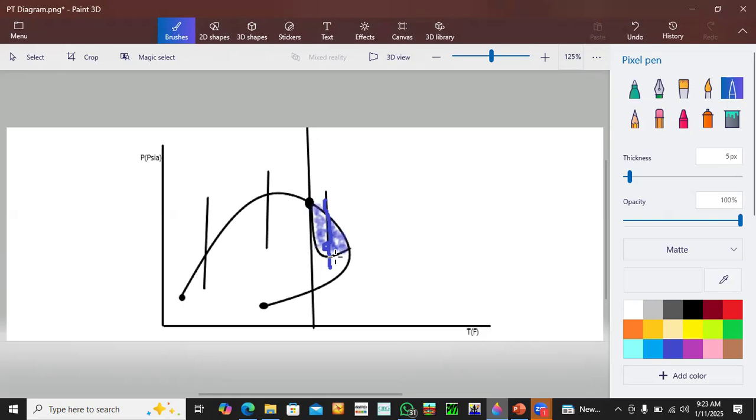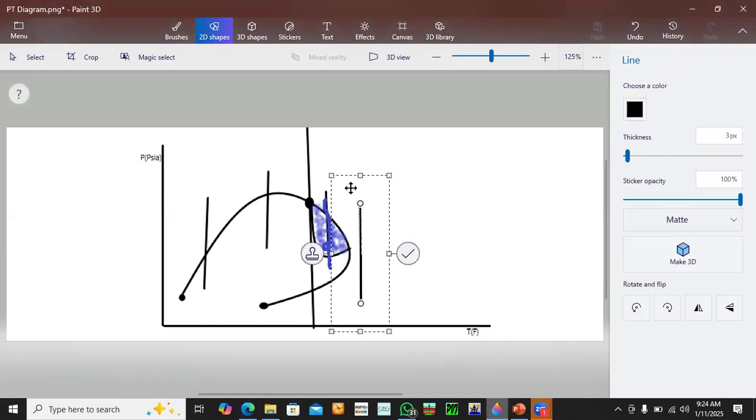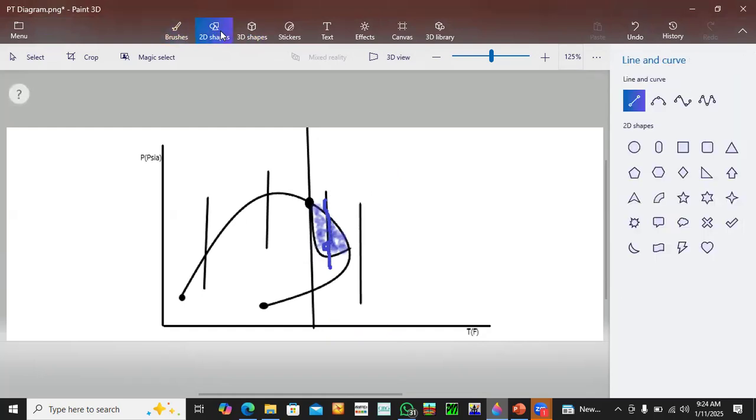Then there's the other kind of fluid, which is also within the gas reservoir region. It's called wet gas, usually closer to the cricondentherm. This is the wet gas region, and we also have the dry gas, which is far away from the cricondentherm and the phase envelope.